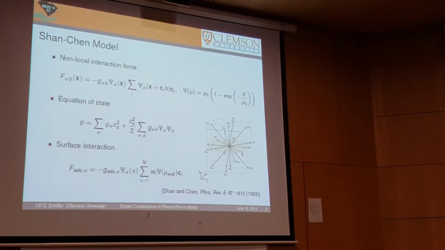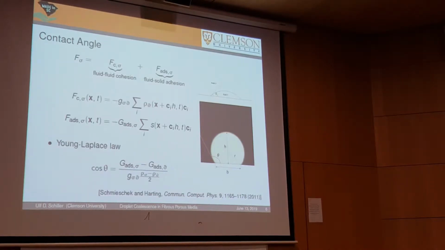In addition, if you have surfaces in your system, which we have because of the fibers, you can use a similar way to model surface interactions with the fluid. And that's a way how we can control what we call the contact angle. Right? If you have a droplet that sits on a surface, that is typically characterized by the angle that the contact line forms with the surface. And that depends on what type of fluid and what type of surface you have.